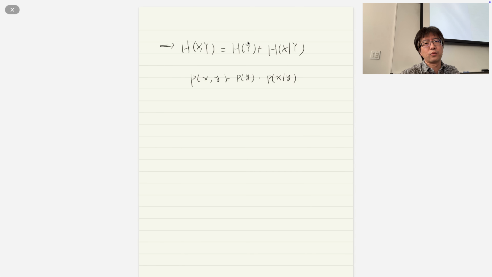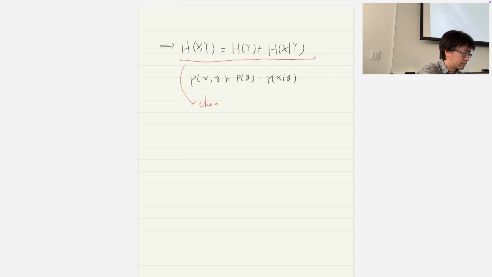Here, take y out, and then we have x given y, so y is the given. This relationship is called the chain rule. Because this is for the joint entropy, we say it's the chain rule for entropy. We're going to have the chain rule for many other quantities later on.